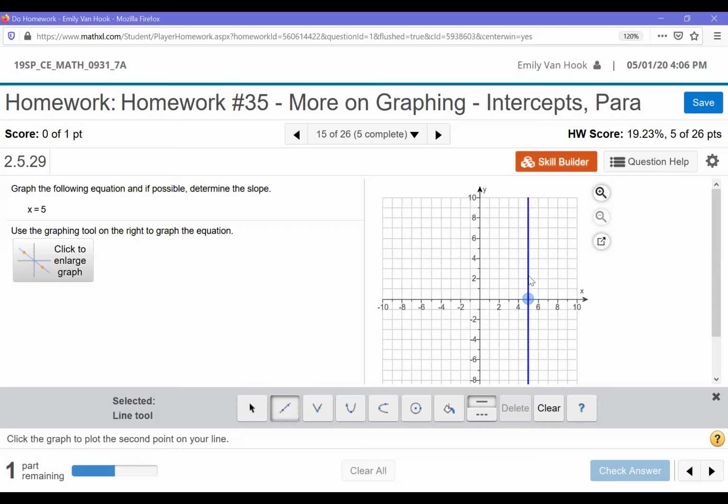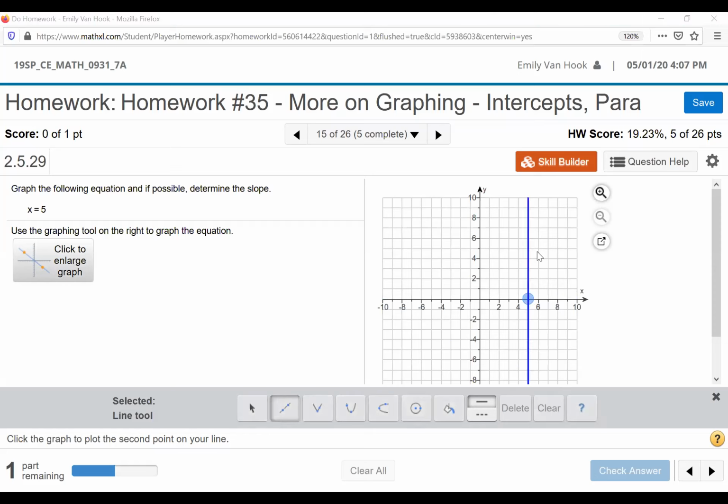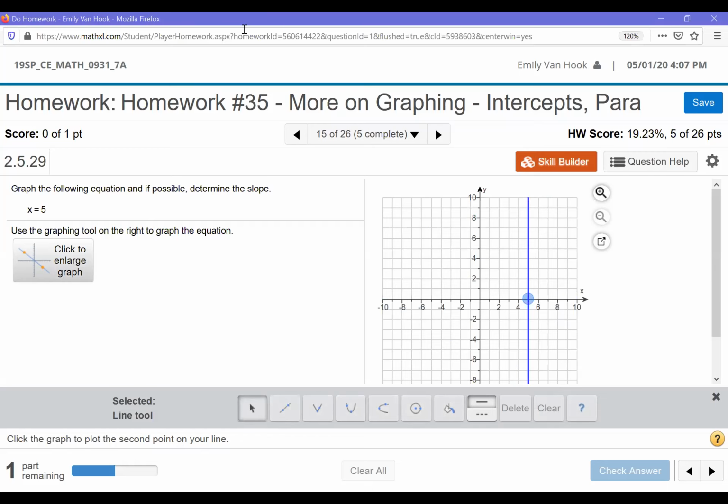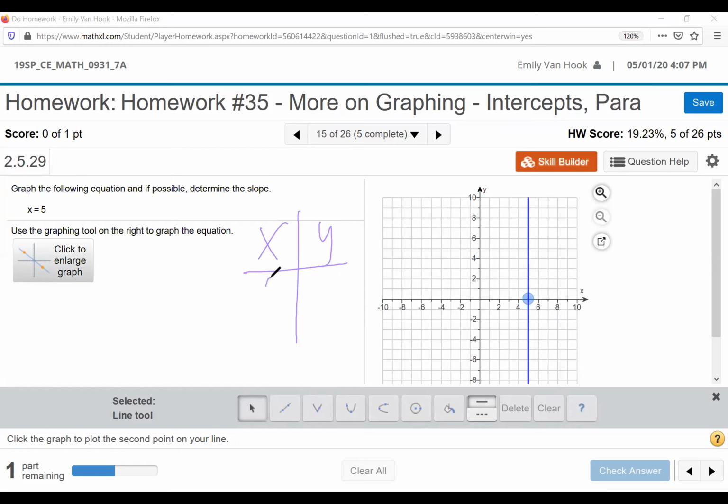So reminder, make yourself a table here, just like we did before. All you need are 2 points, and they both need to have x being 5. So how about 5, 0?